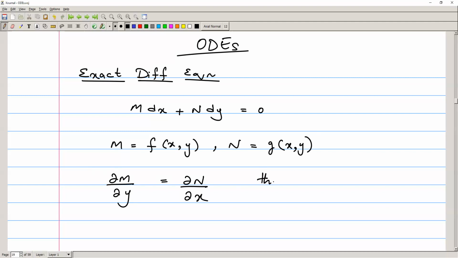Then we call it an exact equation, right? So this is the general idea of exact equations.